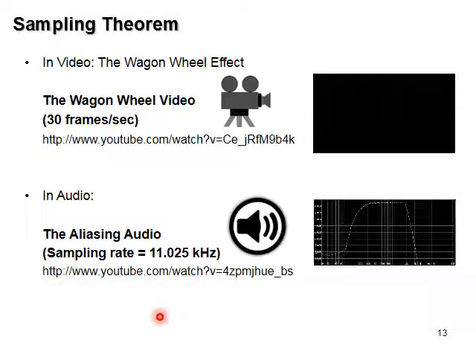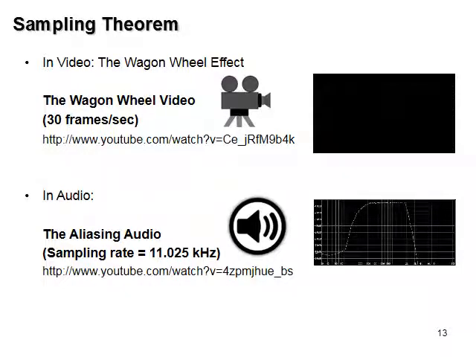Now, if someone tells you I have a sampling rate of 11.025 kilohertz, then according to the sampling theorem, what would be the maximum frequency of the signal so that 11.025 kilohertz would be sufficient?